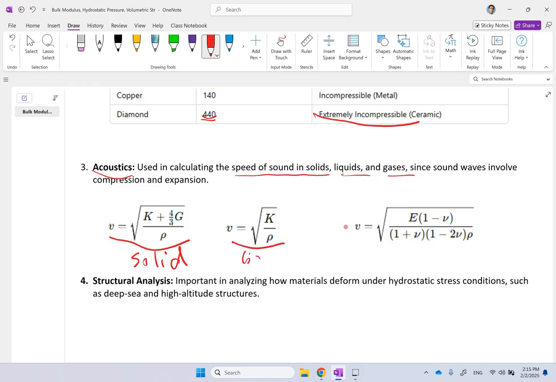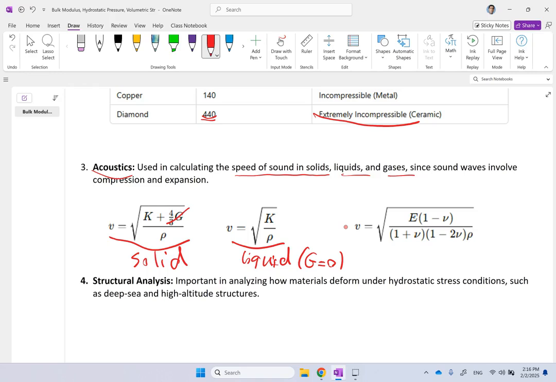For liquids, because you cannot apply shear to liquids, G is equal to 0. So that term goes to 0, and you get the square root of K over rho. This is the speed of sound propagation in a liquid like water.